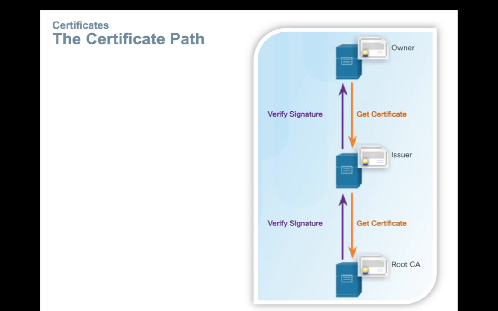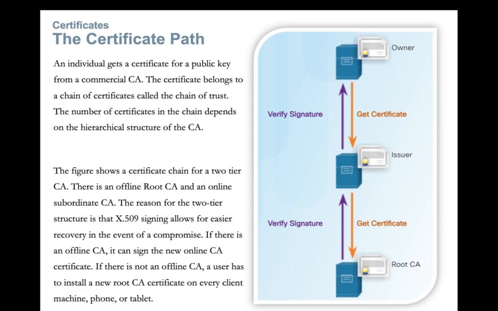If there is an offline CA, it can sign the new online CA certificate. If there is not an offline CA, a user has to install a new root CA certificate on every client machine, phone, or tablet. So this is the certificate path.